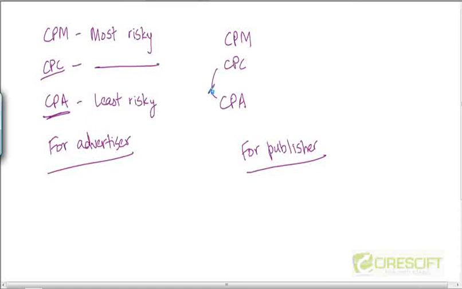Because people who click on your ad may not necessarily buy it, and it's only when somebody buys it that you'll get paid by the advertiser. Yes, sir. Whereas in CPC, you get paid whenever somebody clicks on the ad. In CPA, you get paid only if somebody clicks on the ad and then goes and buys the product. So this is actually more risky than CPC. What about CPM?